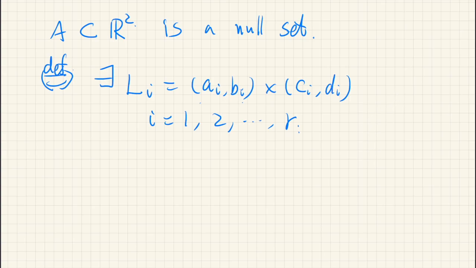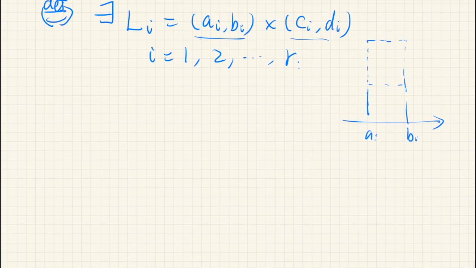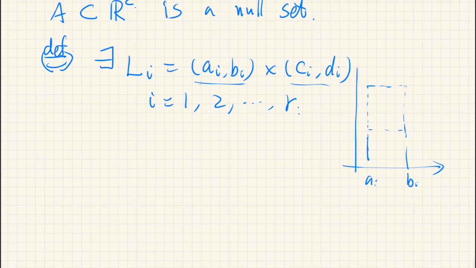Since these are open regions, the boundaries are not included. So something like this. This is a_i, this is b_i, this is c_i, and this is d_i. Okay, so this is L_i.